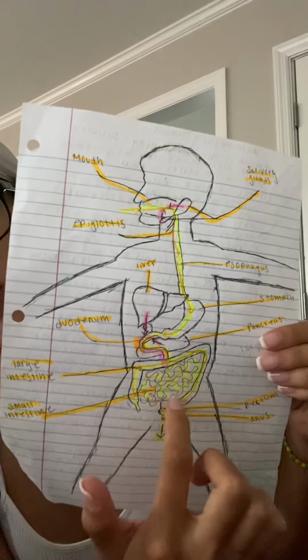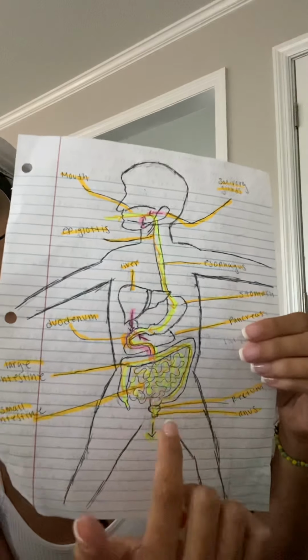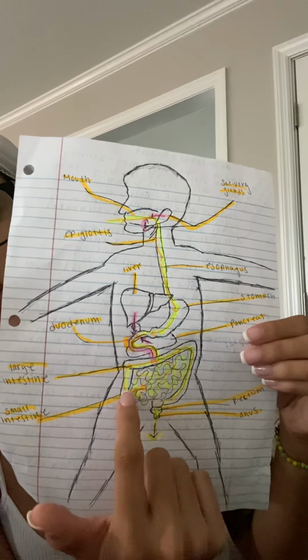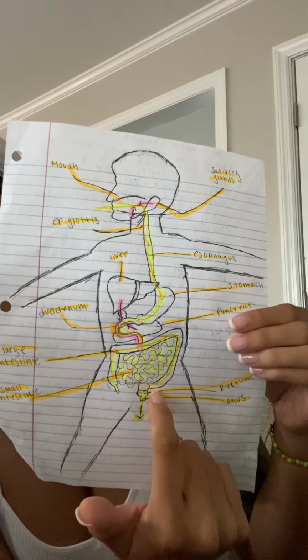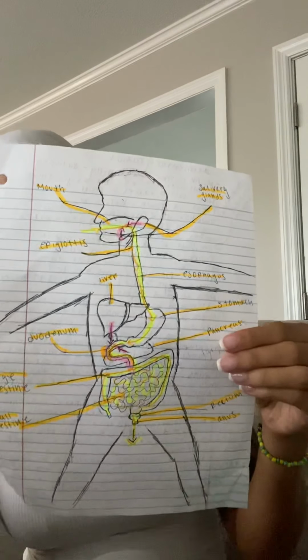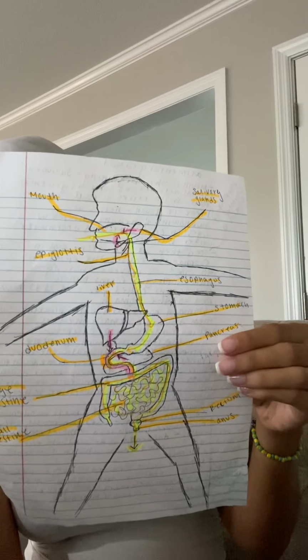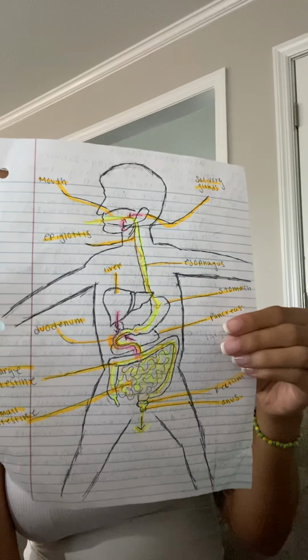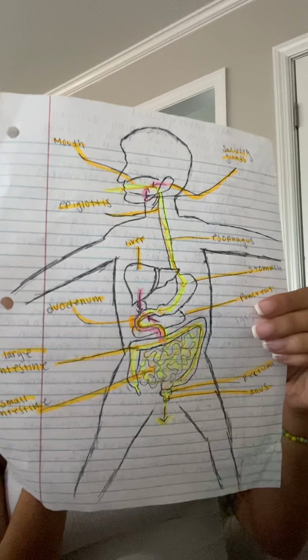Once all that is processed in the small intestine, we then move to our large intestine, which is right here. The large intestine basically takes whatever leftover waste and finishes processing it.